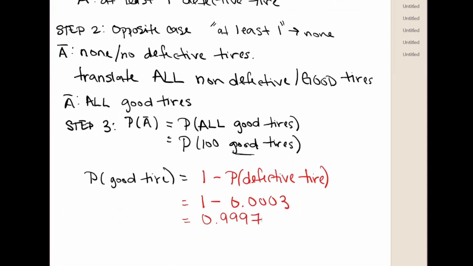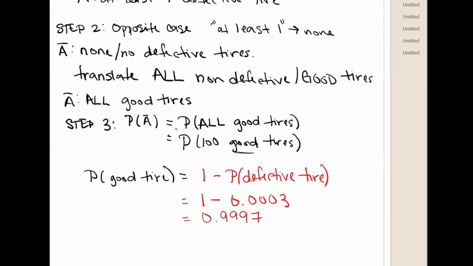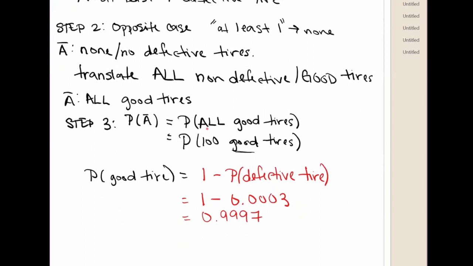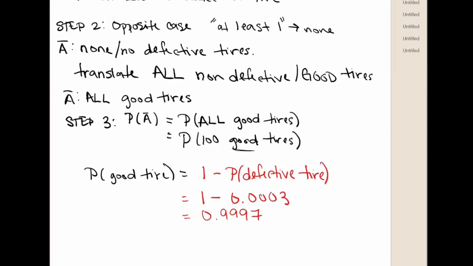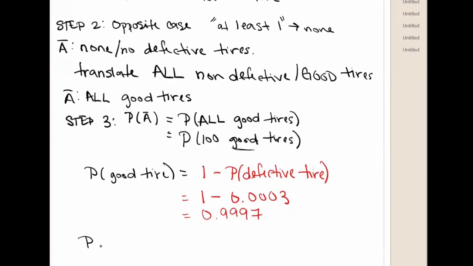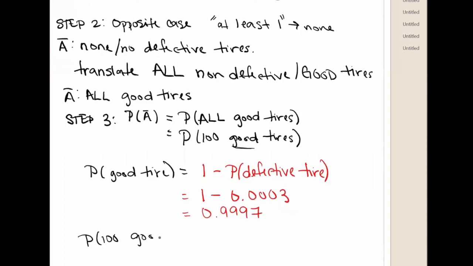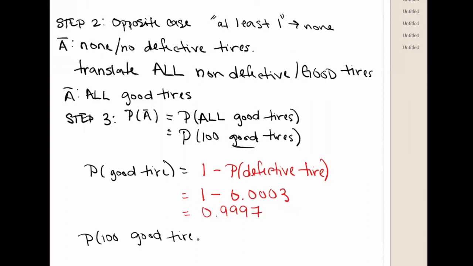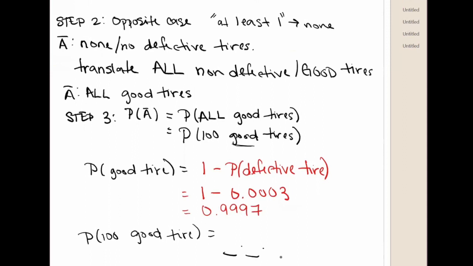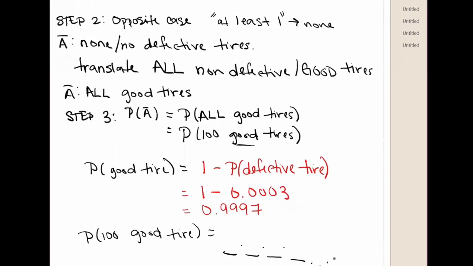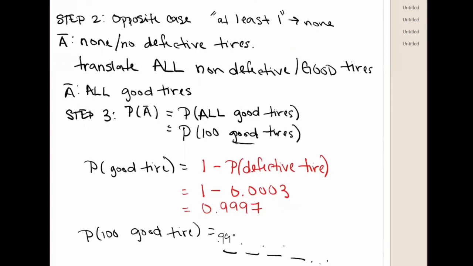So what that means is this number is going to be the probability of getting one good tire when I perform this calculation here. So remember, go back to the black ink. The probability of 100 good tires, I would have 100 blanks, and I would multiply this by the probability.